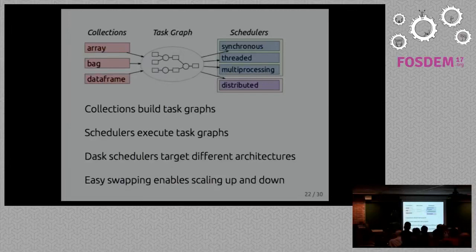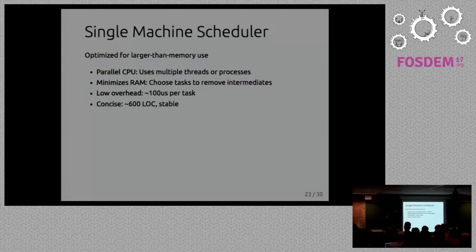You have different schedulers, but the way you interact with your code, how you work with arrays or data frames, is almost exactly the same whether you work on your own laptop with multiple processes, or on a cluster with a lot of nodes. So that makes it very easy to change the scheduler where you run it, because you only have to change the initial scheduler.